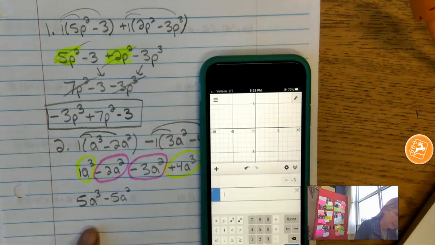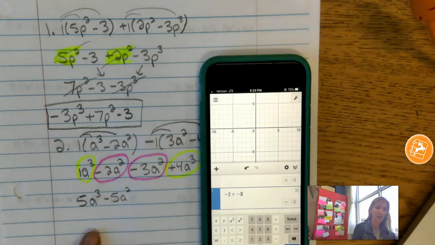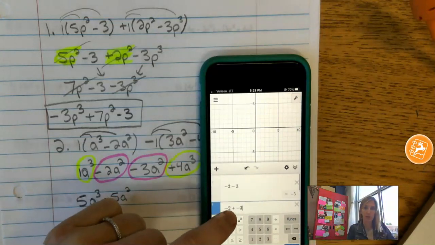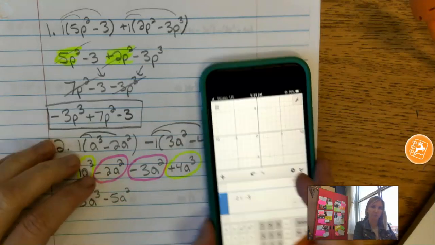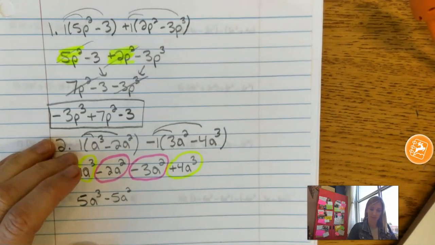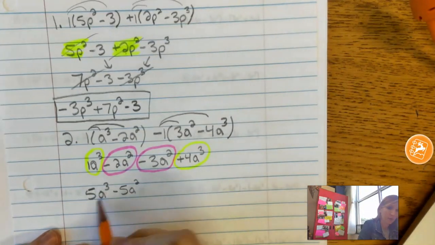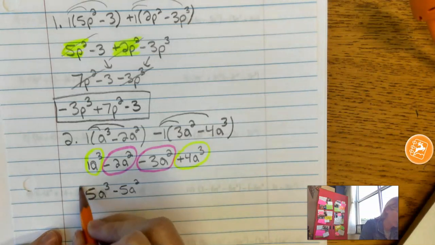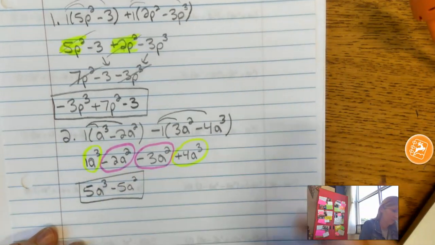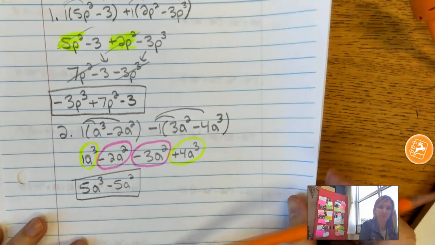What I also could have done is negative 2 plus a negative 3, and I still get negative 5. So either way you do it works out to be the same answer. So negative 5a squared. Now let me make sure it's in standard form. It is because the highest exponent comes first. So there's my final answer there.